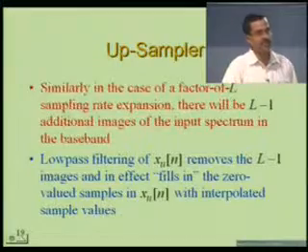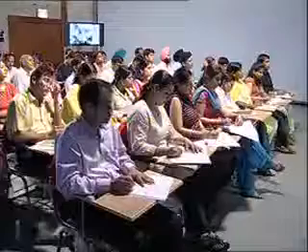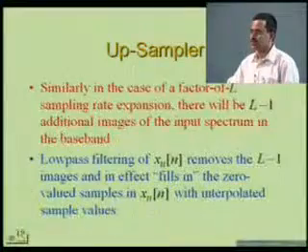In order to remove those images, we have to use low pass filters. Through this low pass filtering process, we can remove these images and fill in the zero valued samples with interpolated sample values. Zero valued samples are replaced by appropriate interpolated desired samples.